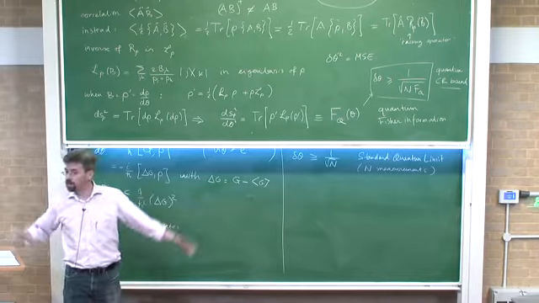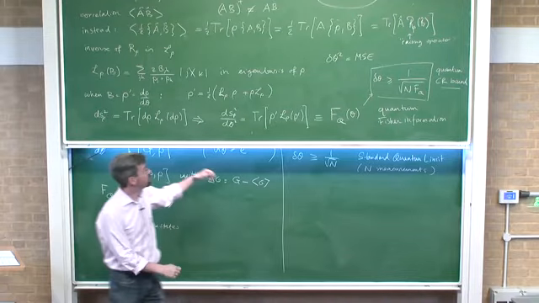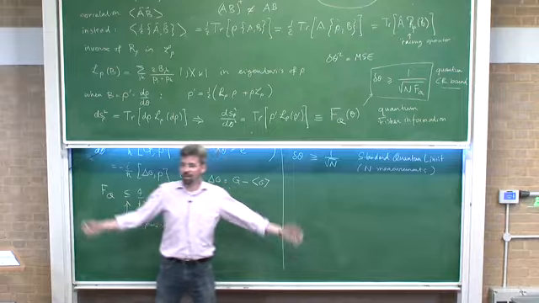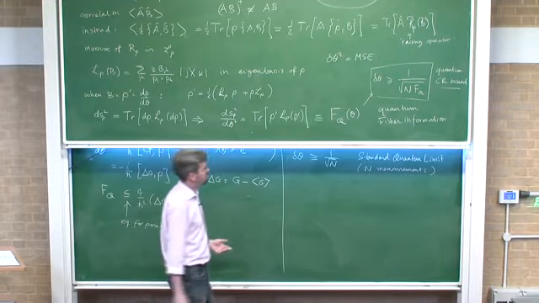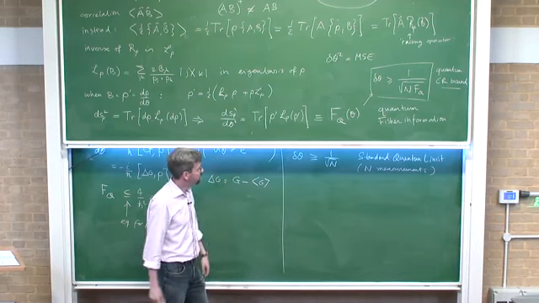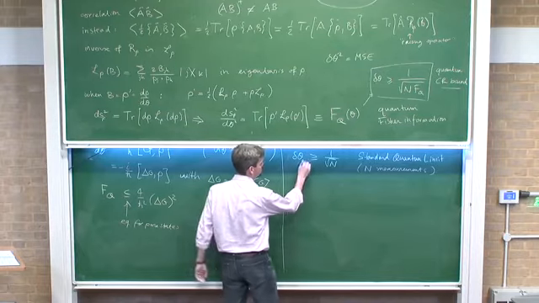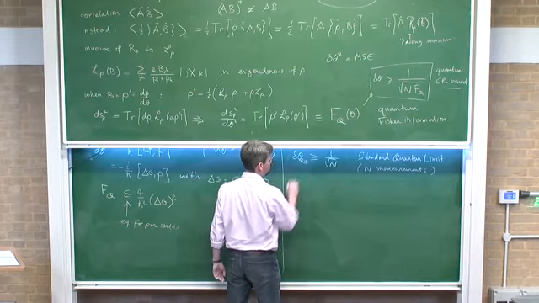Alternatively, you can take all your resources, these n measurements, and use them up all at once. That's the usual way people think about it. And so let's append this with SQL.